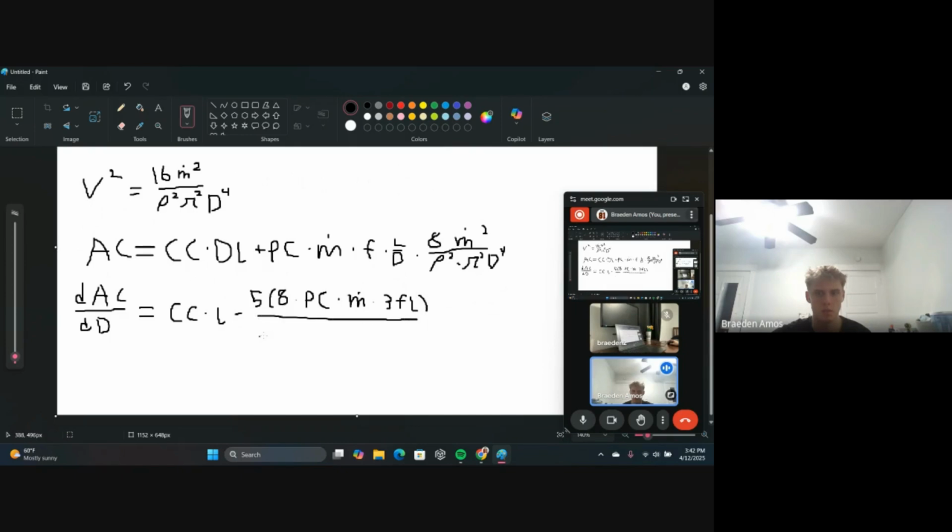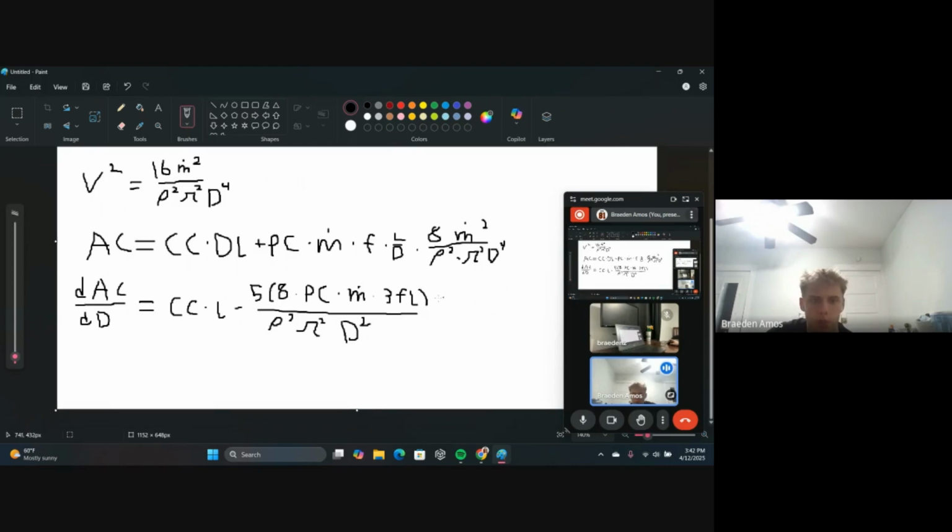Bottom should stay the same: rho squared times pi squared times D squared.